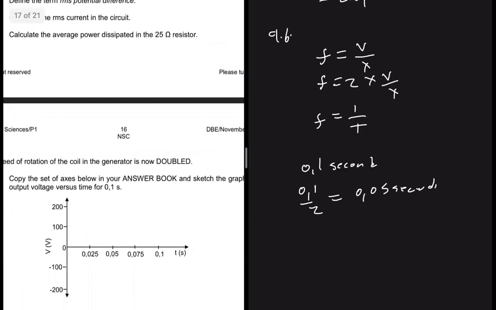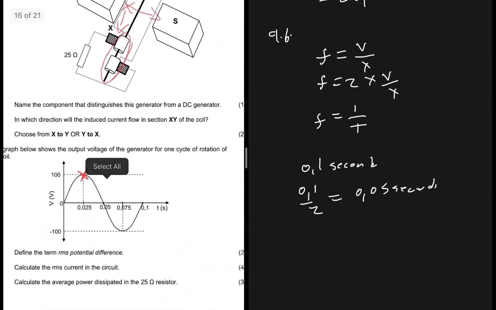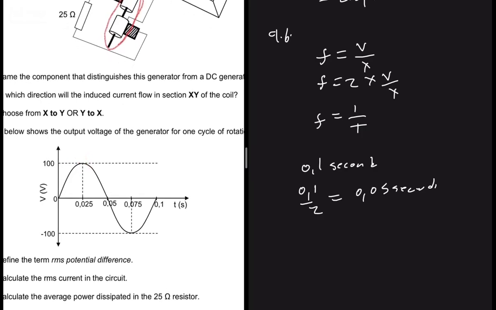So let me just draw the new graph on this same set of axes so that you can see what I'm talking about. So here from 0 to 0.05, it was half a cycle, right? But now we need a complete cycle because we have increased the speed of the rotation by 2. So it will be something like this.